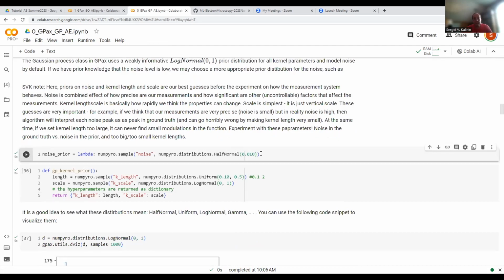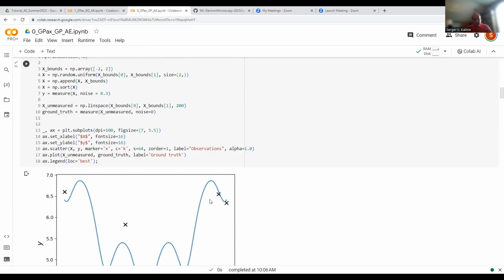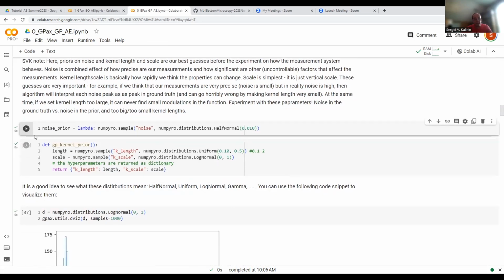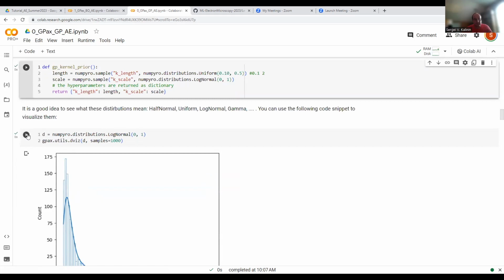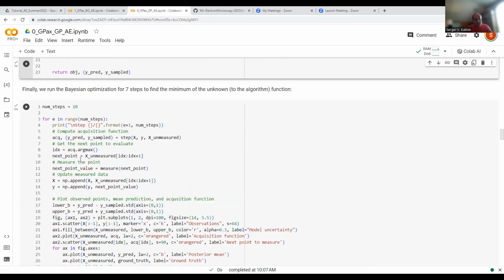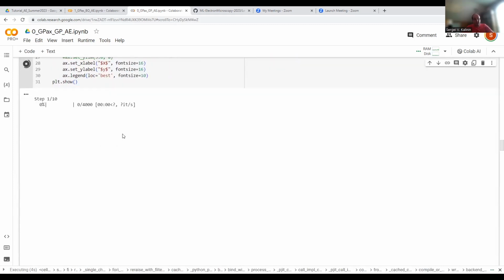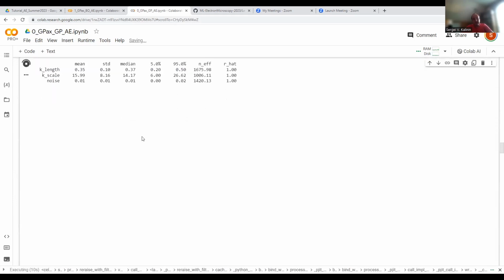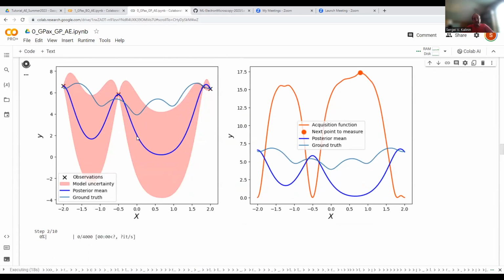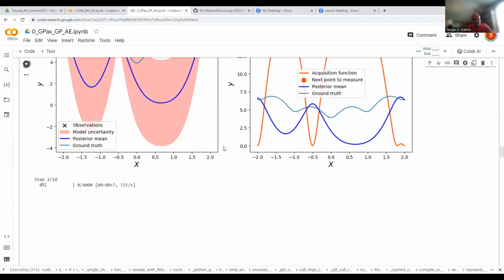What it means is that in this particular scenario, my measurements are noisy, but I believe that the measurements are precise. So it's a kind of error of being an optimist. So let's see what happens in this case if I run the Gaussian process. The important thing is that my real measurements are noisy, but I give my algorithm the priors that I believe in noise being real. Let's see what happens.